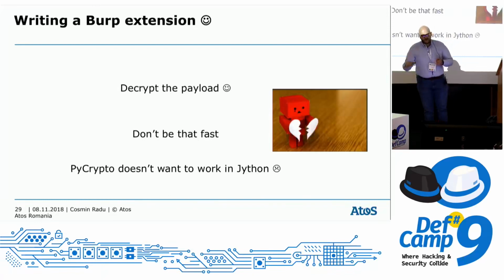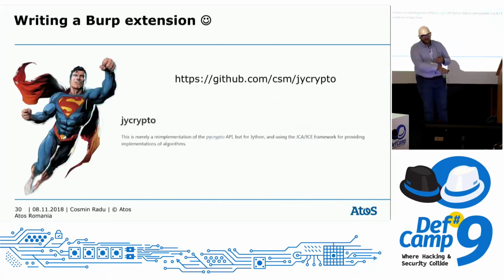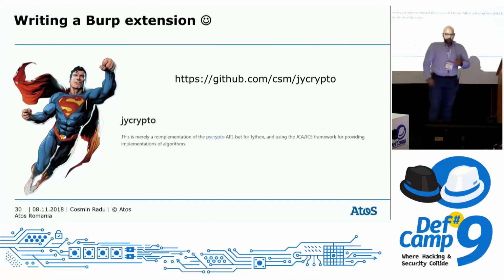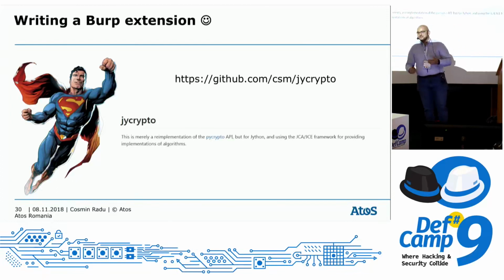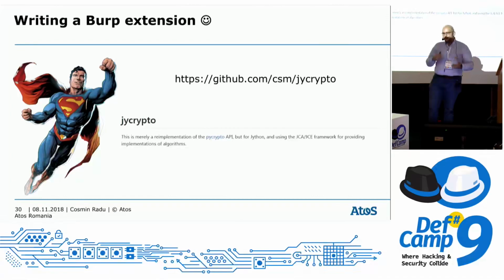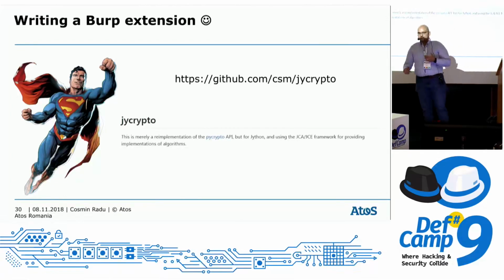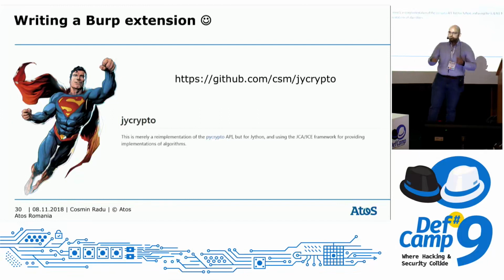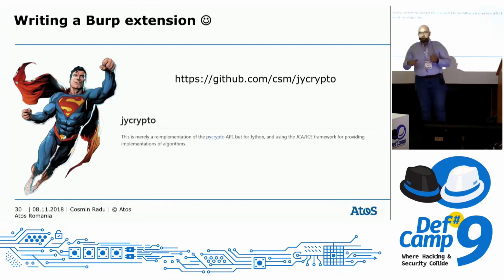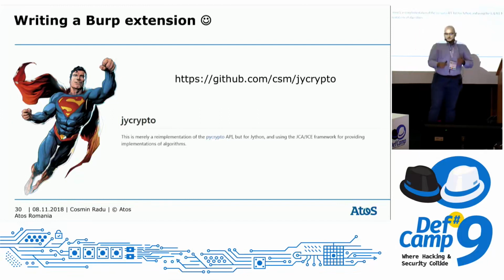Fortunately, after my heart was broken, I found my superhero. This guy wrote the wrapper for the PyCrypto API, but for Jython. He was my superhero that day. After losing about 3 hours debugging the problem, you'll see in the end slides why debugging is an issue in Burp while extending it. This guy was my hero.